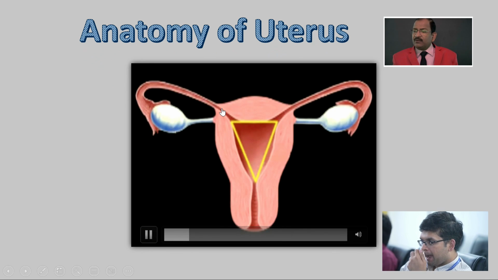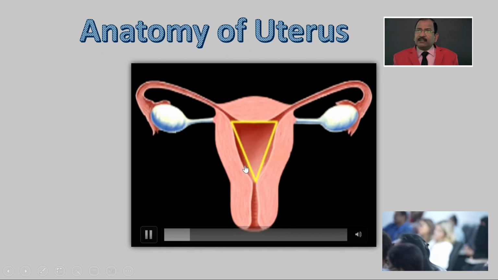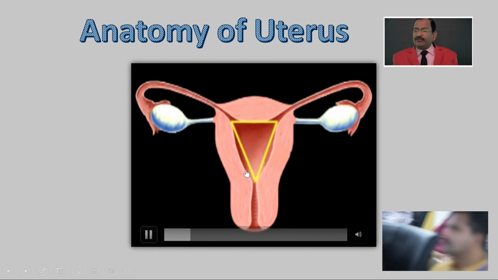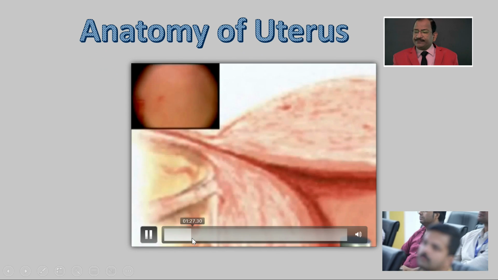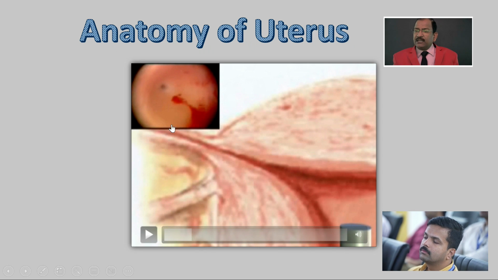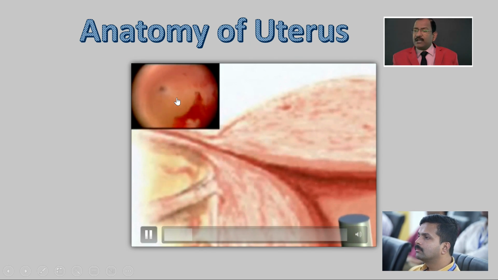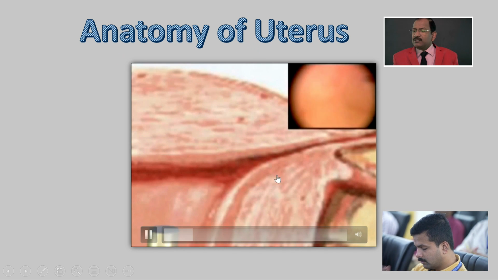After that you will go to one side. If it is 0-degree, it will be difficult, 30-degree will be easy. And then you can see the ostia here. This is the ostia. One ostium, and then again another ostium will be visible.